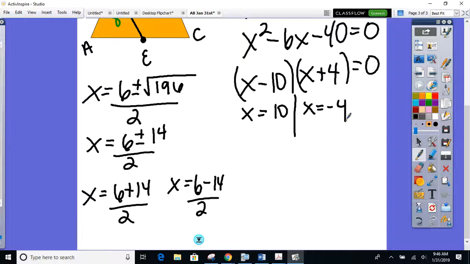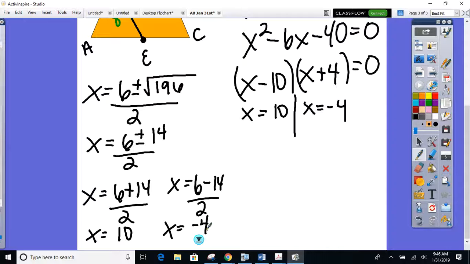Quadratic formula people, 6 plus 14, divide last. Oh, shocker, you get 10. And 6 minus 14 is negative 8 divided by 2. Okay, either way, you still get those two answers.